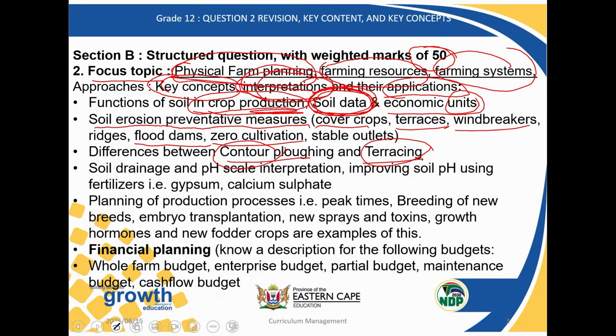Very, very importantly, I remember I said soil data. You have soil drainage here, pH scale, how it is improved, as well as pH scale interpretation. Now, listen to this one. It's very important. We said soil data says something to us. It's very important to know this pH scale and how the readings are interpreted within the context of knowing the soil pH, because we are going to the production of certain agricultural produce.